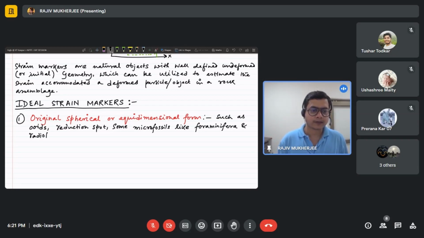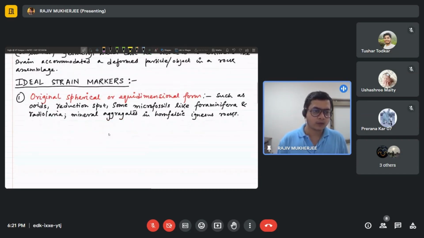These are microfossils. Mineral aggregates in hornfelsic igneous rock. So this is a kind of strain marker.